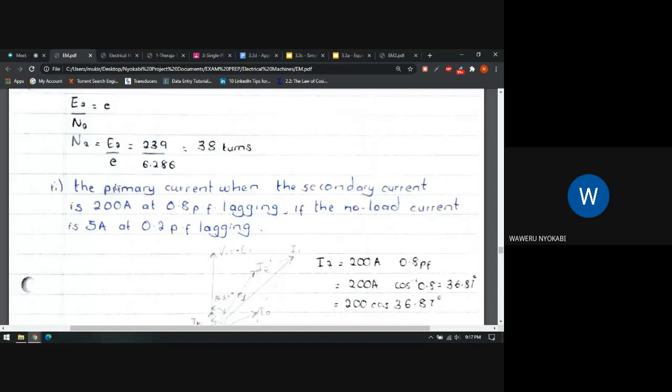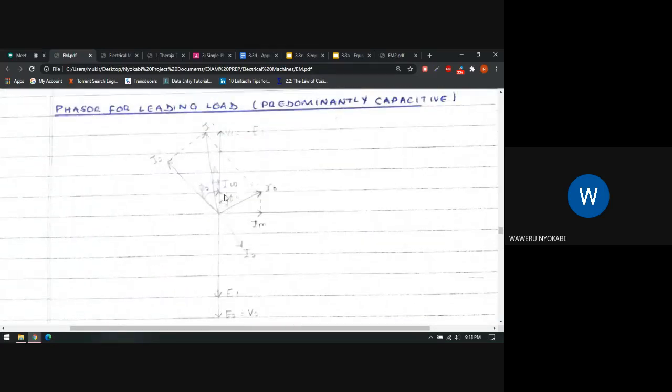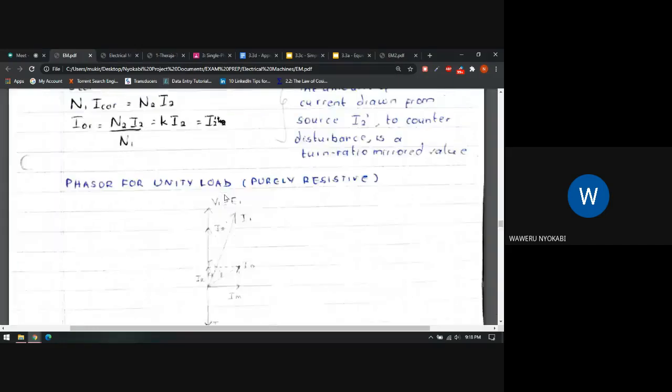First you need to remember that secondary current is I2, no load current is I0. Here we're going to need knowledge of the phasor diagram with a lagging load. Because if the current is lagging, then the load.